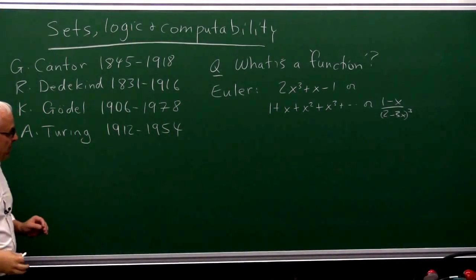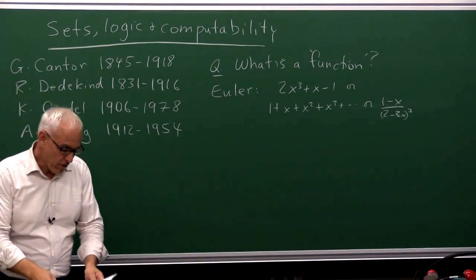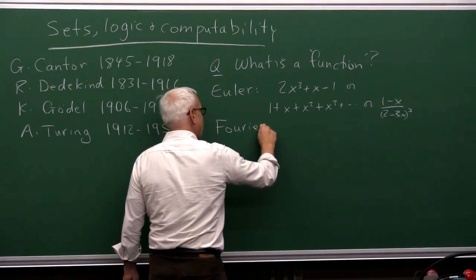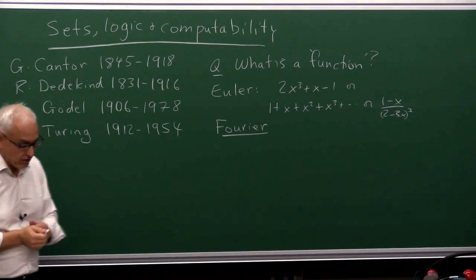But later on, people were looking at more general things, and one of the motivations for this was the development in analysis due to Fourier, who introduced something called Fourier series.